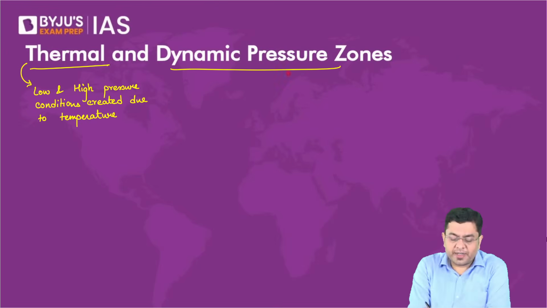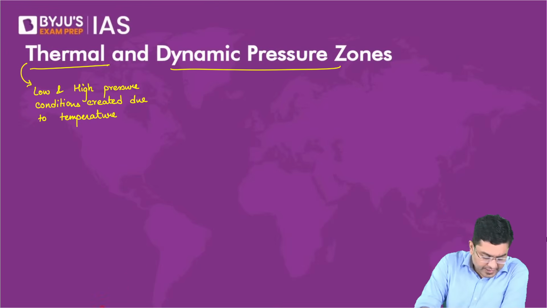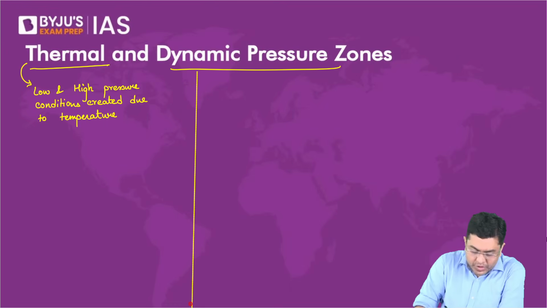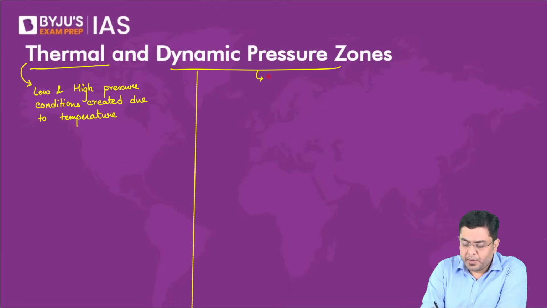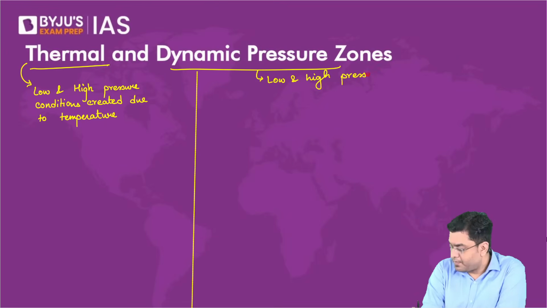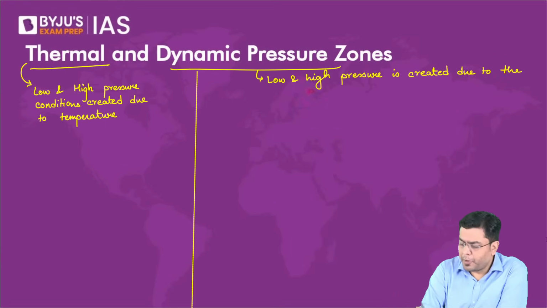Whereas when we talk about the dynamic pressure zones, here the low and high pressure conditions shall be created because of movement of air. That is why the name dynamic. Low and high pressure is created due to the movement of air.